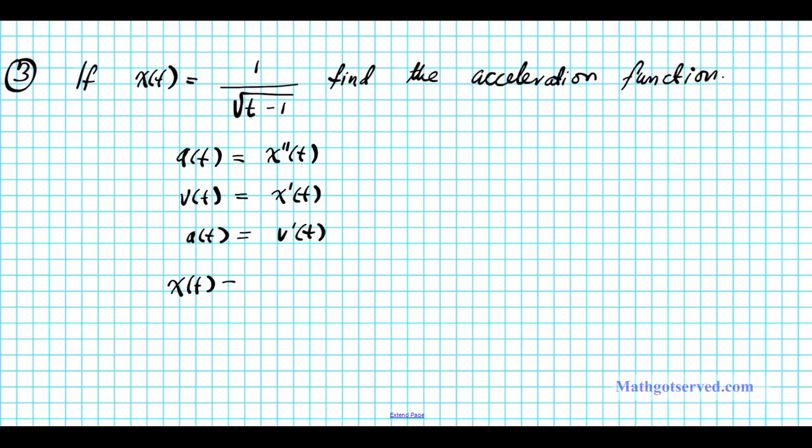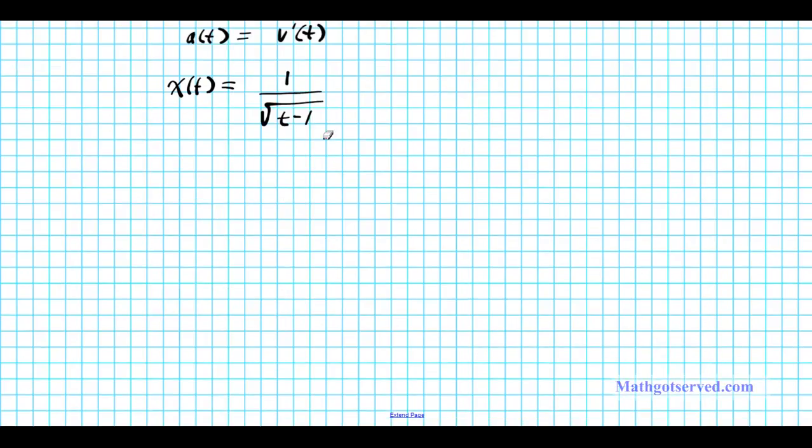x of t is equal to 1 over the square root of t minus 1. Now, I can use the quotient rule here, but is there a way where I can rewrite it so I can avoid using that rule because it's a little bit long? So how about I express x of t as t minus 1 raised to the 1/2 power.